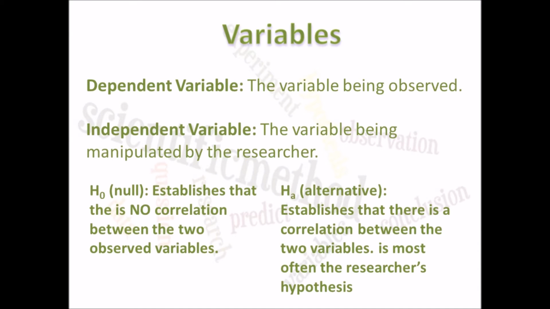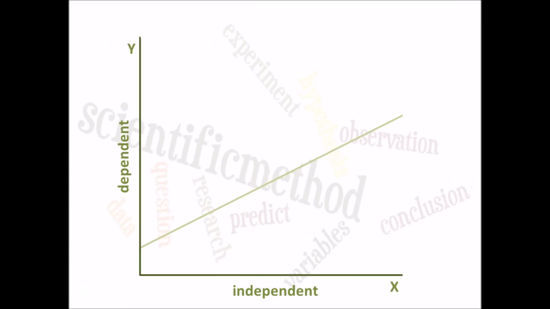And the alternative hypothesis is really saying that if you change the independent variable, the dependent variable will respond to these changes. And that is what we're trying to look at in the experiment. That is what it basically boils down to. There's a convention that when graphing your data, you put your independent variable on your x-axis and your dependent variable on your y-axis, so that you can more easily track the changes in one as relates to the other.